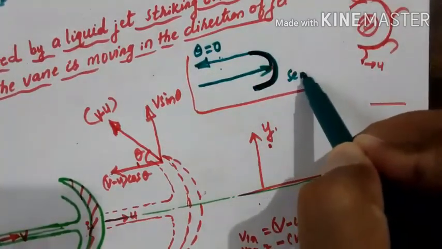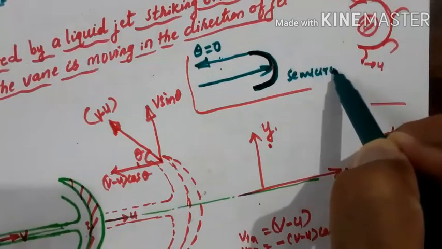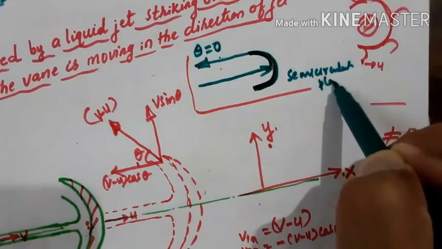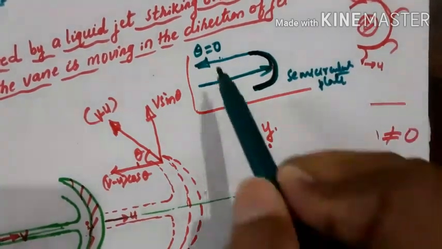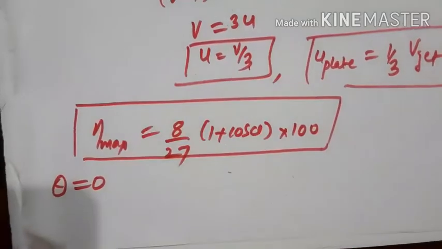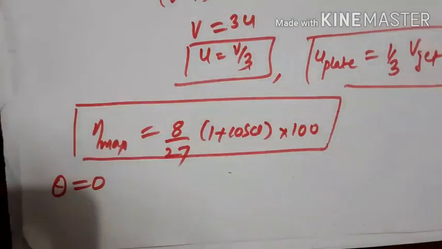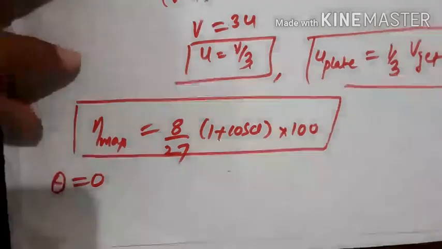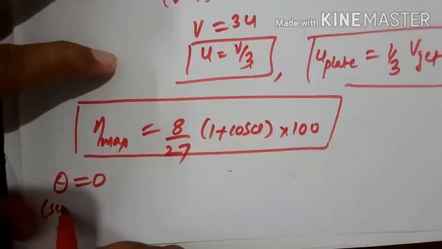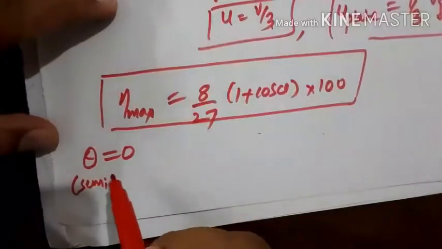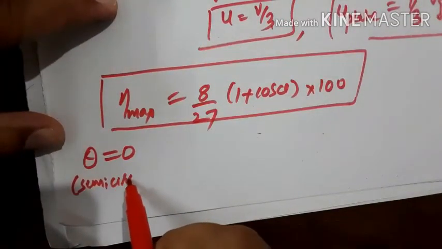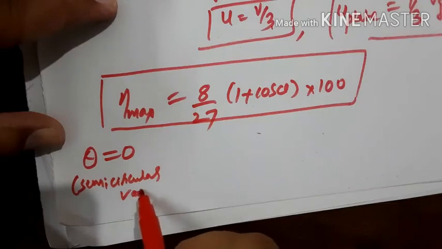This is a semicircular plate. So in that case, theta equal to 0 means semicircular vane.